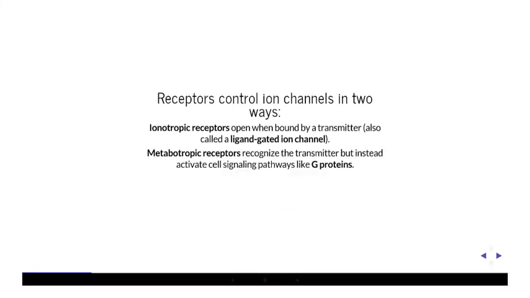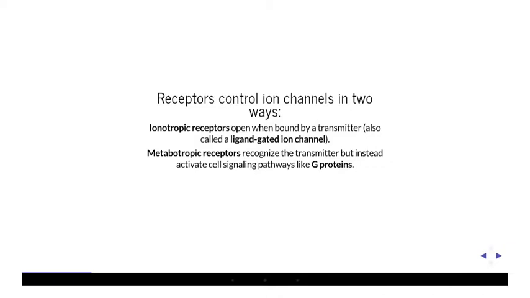So we just saw an example of an ionotropic receptor, where acetylcholine bound to the receptor and the ion channel opened, allowing sodium to come in. This is one form of receptor. Another form of receptor is the metabotropic receptor, which works through a G protein or some other internal cell signaling pathway.